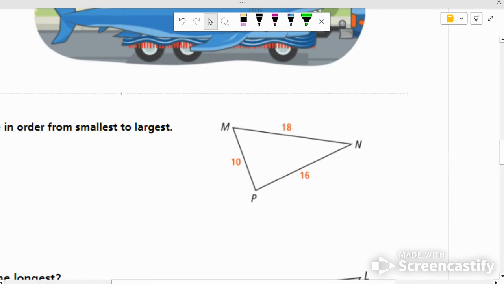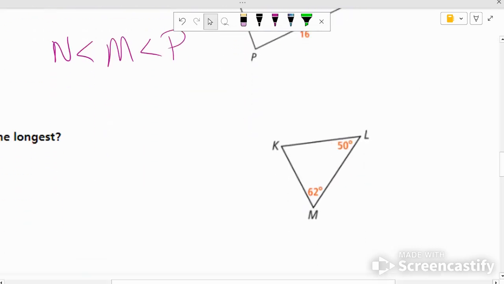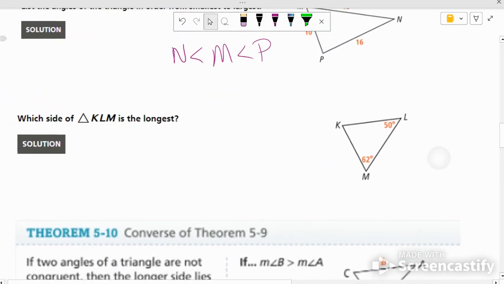These angles, M, N, and P. Which one's the smallest? N is the smallest, then it's M, then it's P. What are these things I wrote in between them? Less than signs. N is less than M, which is less than P. Okay? You'll have to know less than from greater than today.